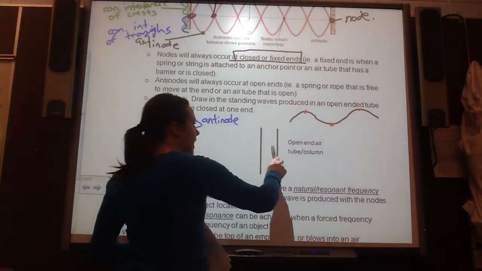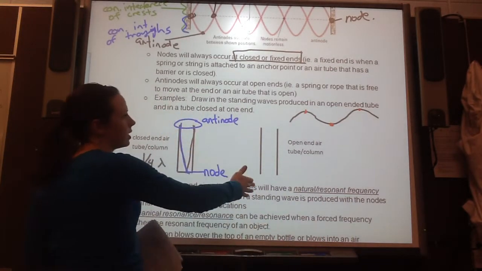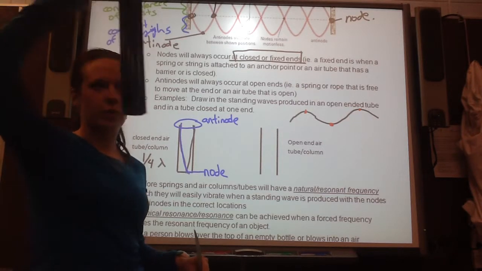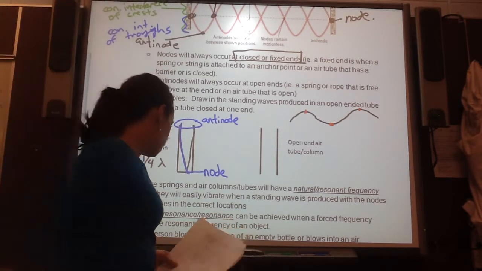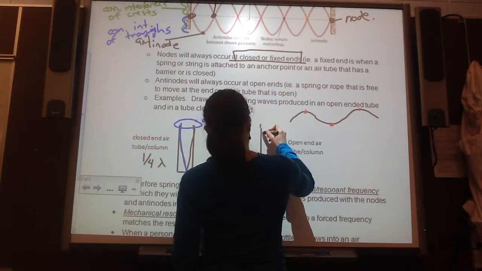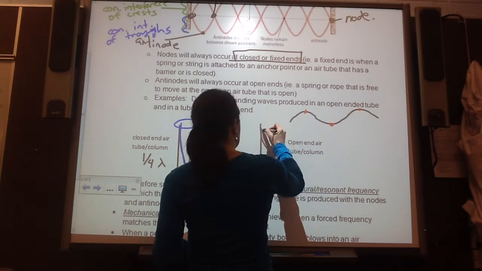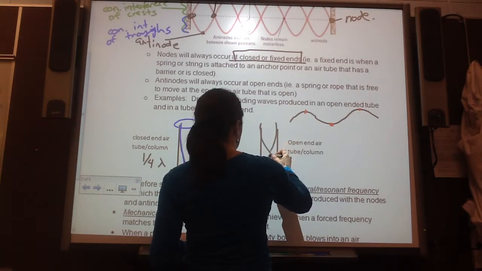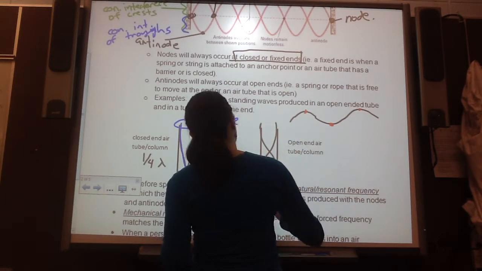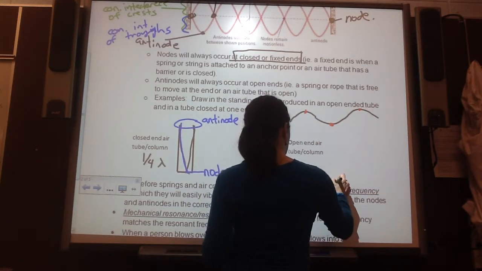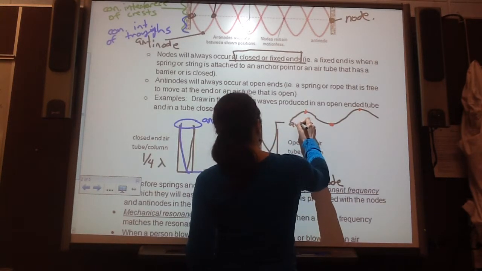Okay, so now if we have an open-ended tube or air column, so there's no end, like if it was just like this. If we drew it going through like that, each end needs to be an antinode, or open. So here we have antinode, here is antinode.